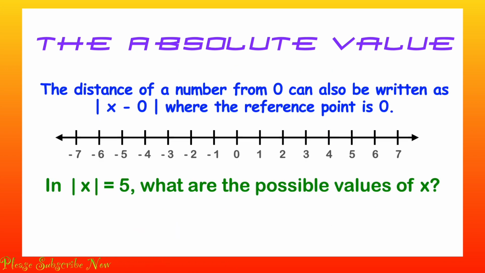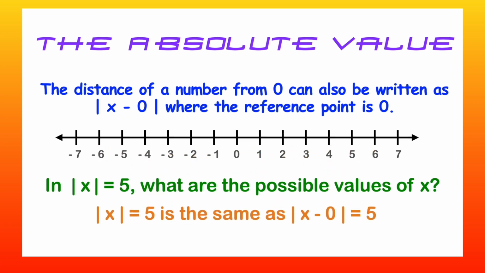In the absolute value of x equals 5, what are the possible values of x? The absolute value of x equals 5 is the same as the absolute value of x minus 0 equals 5. Locate the reference point on the number line. Our reference point is 0.